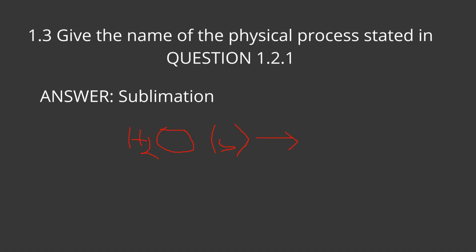And after the reaction, something happened. It was still H2O, which is a type of physical change, but now it's in a gaseous form, right? And they're asking what type of physical process is stated there. In term 1 you talked about physical processes. When a compound changes from solid to gas, we call that a sublimation process.